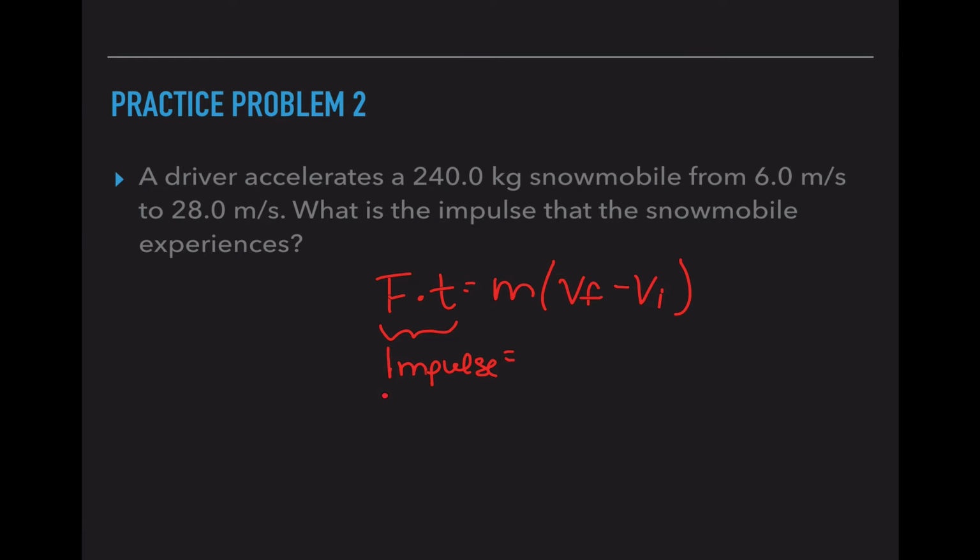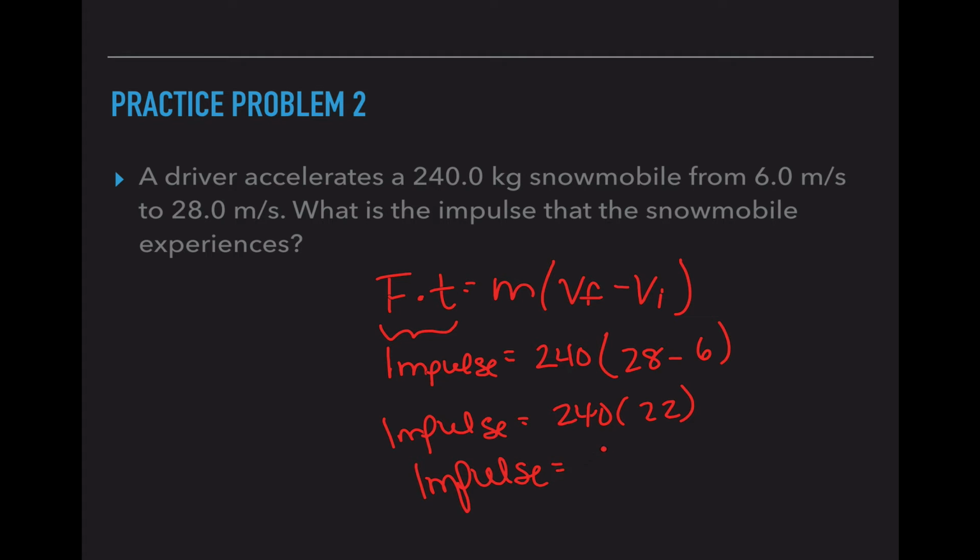So I don't need to use any information to solve for that because F times t is, by definition, the impulse. So I have 240 times 28, because that's my final velocity, minus 6. Impulse equals 240 times 22, and my impulse is 5,280 newtons times seconds.